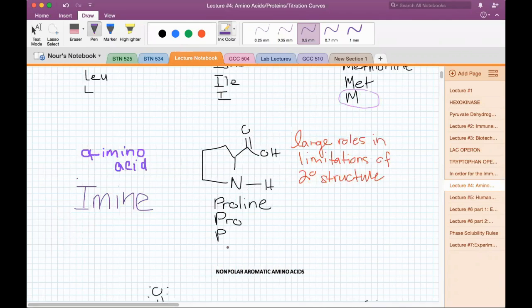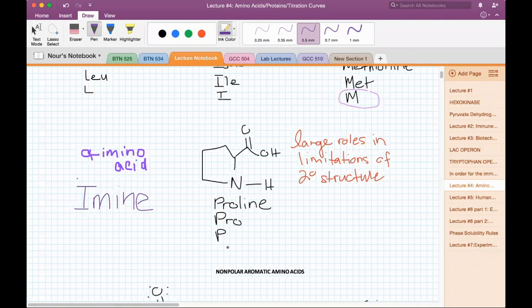And proline is unique because it's one of those amino acids utilized. You find this in collagen a lot of the time, and it mostly deals with secondary structure explanations. So proline is utilized in stuff like cartilage, because in cartilage you have a sequence of glycine, another amino acid, and proline, and it introduces rigidity.